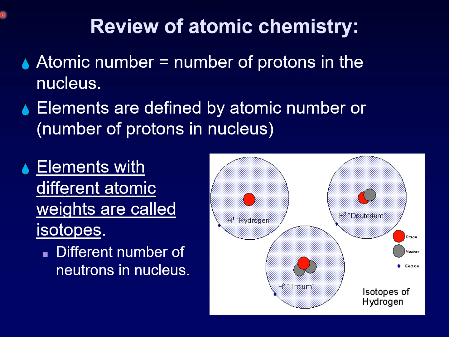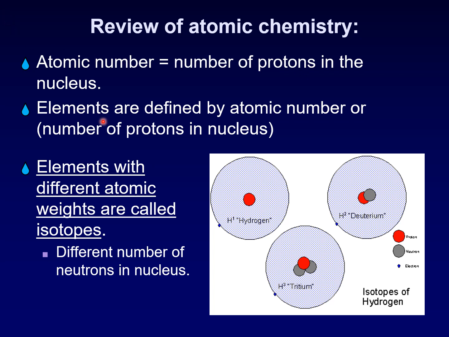Its atomic number is 1, and that's what makes it hydrogen. Helium has 2 protons. Its atomic number is 2, and that's what makes it helium. Potassium has 19 protons. Its atomic number is 19, and that's what makes it potassium. Silicon has 14 protons. Its atomic number is 14. That's what makes it silicon, and so on, right?